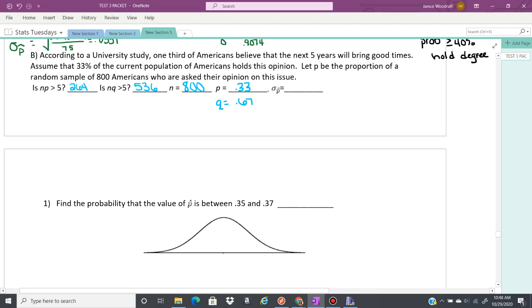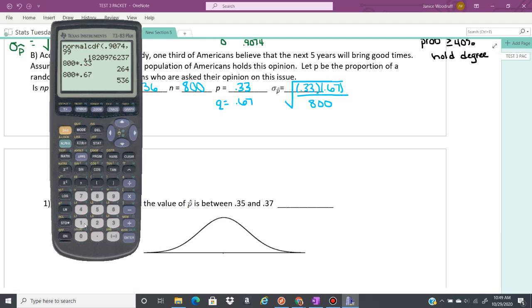Okay, so then here we want to do the standard deviation of p-hat. So again, that is the square root of p times q over n. So we'll have 0.33 times 0.67 over n, sample size 800. So let's find that. The square root of 0.33 times 0.67, close the numerator, divided by 800, close the square root.